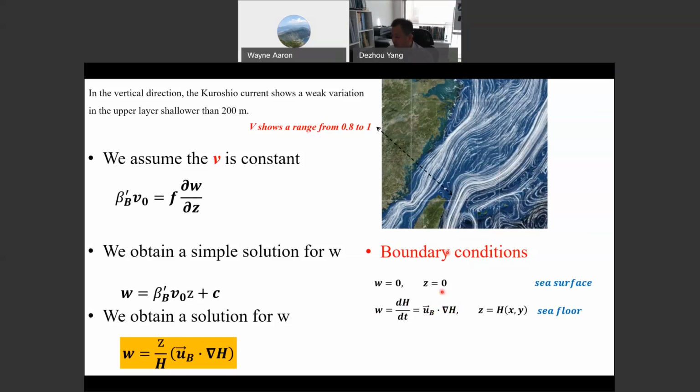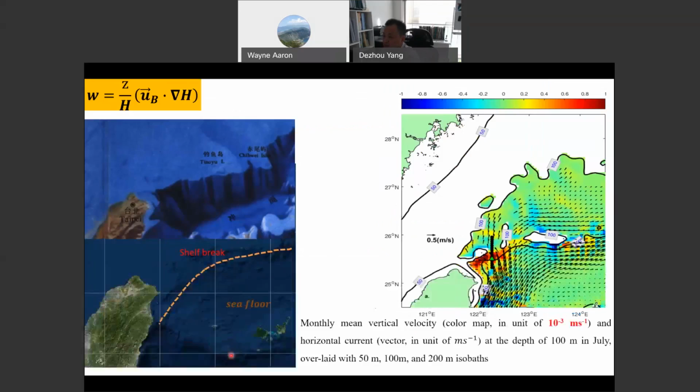If we use this boundary in this equation, we get a very simple solution for the vertical velocity. It is a linear function of water depth z, if we know this term at the sea bottom. What does it mean?